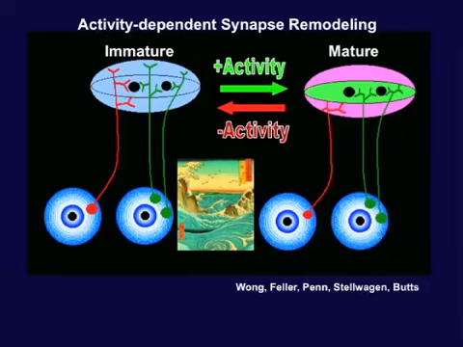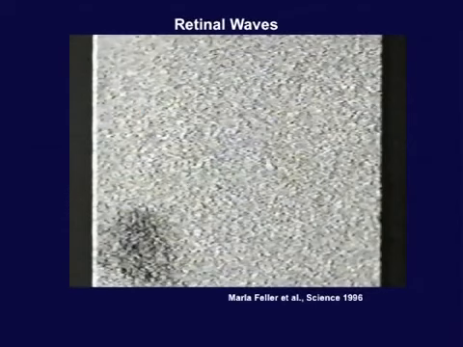We discovered this using a variety of different methods, but I just want to give you a feeling for these patterns of correlated activity, which are rather like local waves of activity in which neighborhoods of ganglion cells become depolarized, fire action potentials together, and that information is then relayed to the LGN.